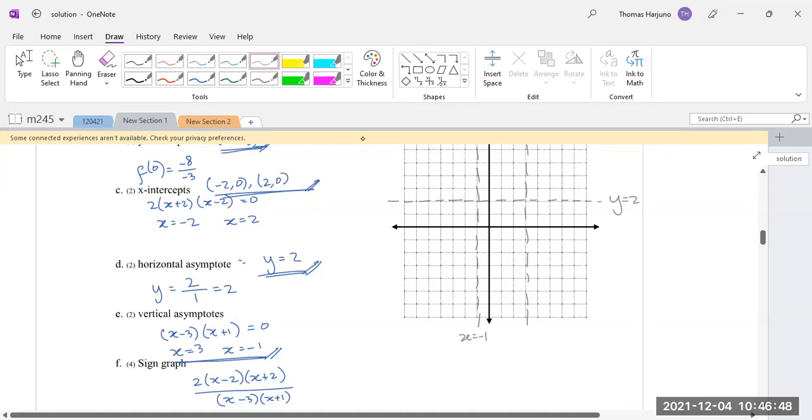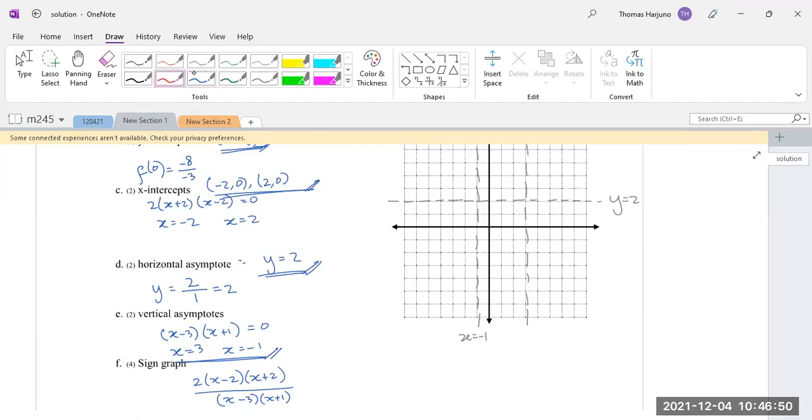The x-intercepts are, let me use a blue color, (-2, 0) and (2, 0). And then what else? The y-intercept is (0, 8/3), so like this.